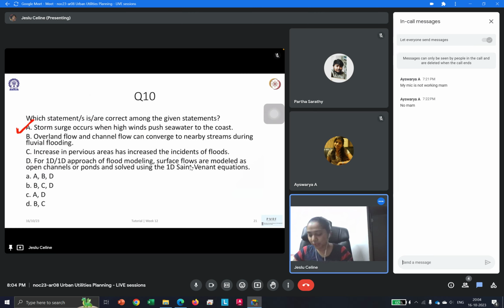Yeah, you can't, because this is fluvial flooding, which means the river itself is overflowing. If the river or the streams are overflowing, then it cannot accommodate more water, right? So whatever overflow is there cannot converge to the nearby streams, because that is the one which is causing the flooding. You're absolutely right. If it was pluvial flooding, then this statement would have been correct. But since it's fluvial, it is a wrong statement.